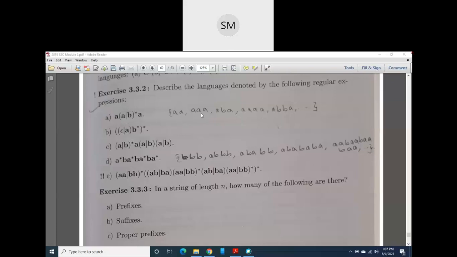So triple A, A B A, double B A, like this. This is the first language for this regular expression.